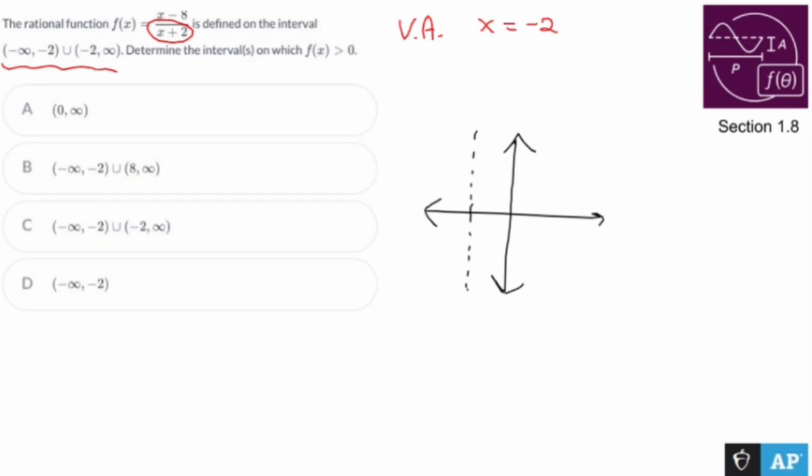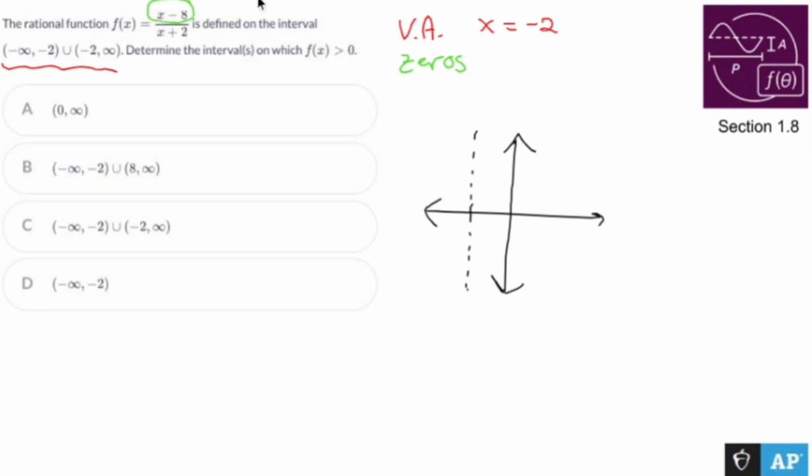Thing number 2 that I need to be cognizant of, sorry, getting another color, is the zeros. The zeros, where my line crosses the x-axis, where there's a change in positive versus negative, is just going to be one of them, and that's where the numerator is 0.